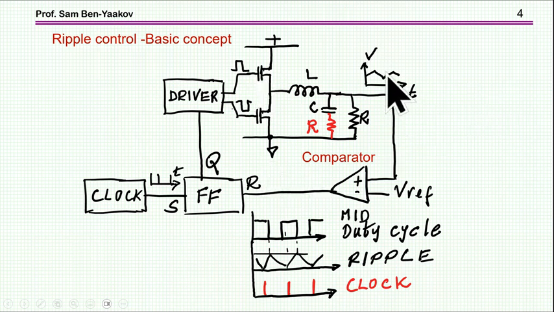And then when the ripple is reaching the reference level, then the comparator kicks, there is a reset, and this will be the end of the pulse. So we can see it here. These are the clock pulses. With the clock we have the ripple actually being generated because the current of the inductor is now increasing until we reach with the ripple the reference level, and then the midpoint here will go down. This is the midpoint here, will go down. So this will determine actually the duty cycle.